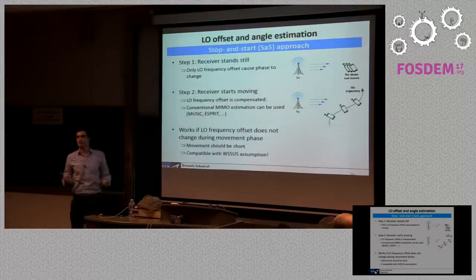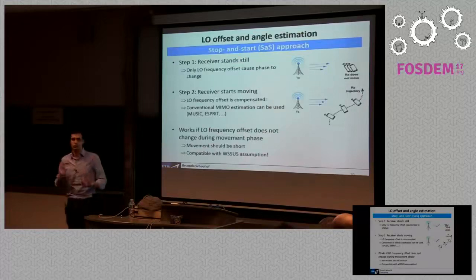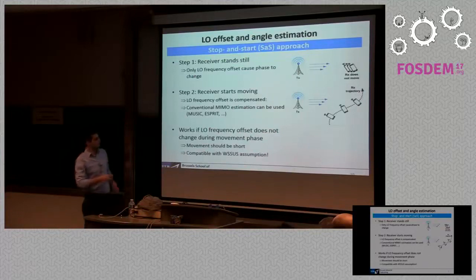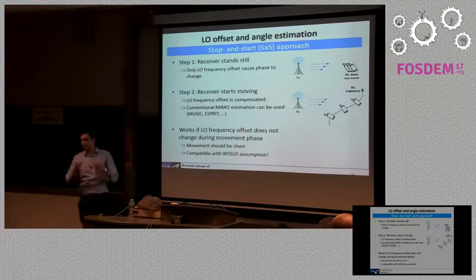So for the first part, we started with a very naive approach. Say, okay, let's do a stop and start approach. The receiver first stands still. Only the frequency offset changes, so we estimate the frequency offset, and then we use that when we start moving to compensate the frequency offset out of our signals. And once you compensate the frequency offset out, you can use whatever angle of arrival estimation technique you want.